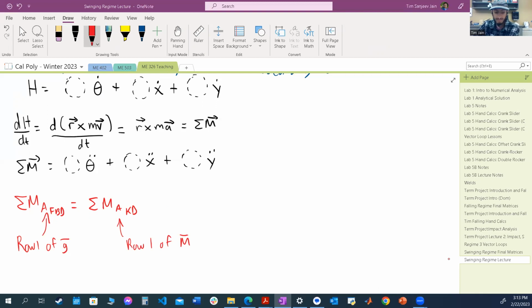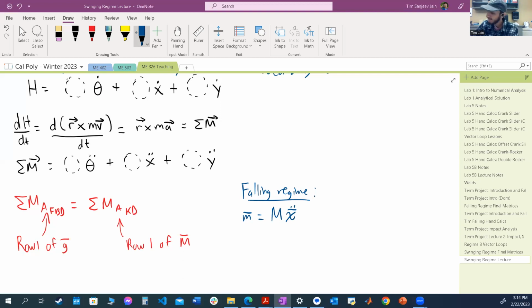Now let's recall that last week we had a relation from the falling regime that little m is equal to big M times chi double dot.